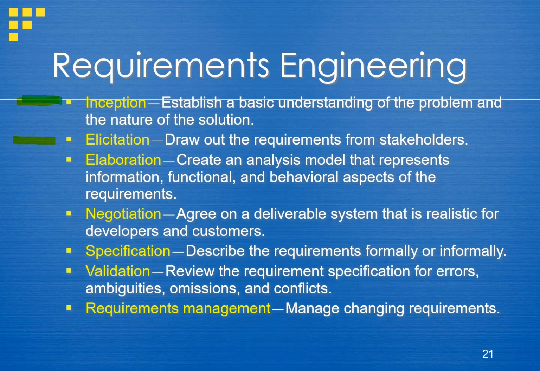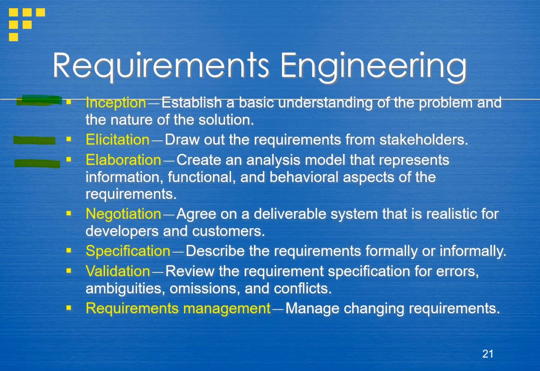Now the third step is elaboration. As the word suggests, you are going to give some kind of detailing, some kind of specification here, but obviously that specification will be about whatever requirements you have collected in the earlier two steps. So elaboration means creating an analysis model that represents the information, functional and behavioral aspects of the requirements.